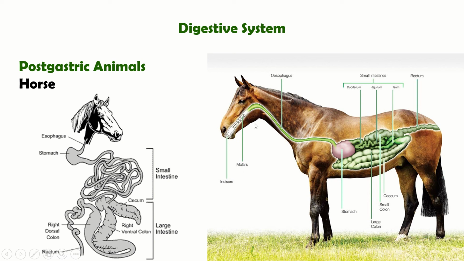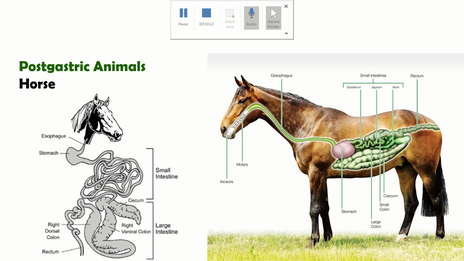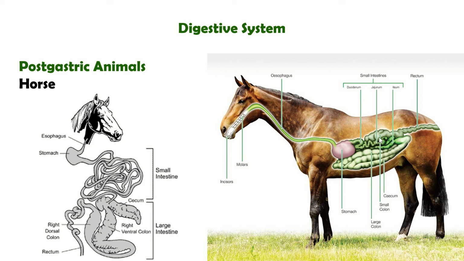So, we have the mouth, esophagus, stomach, small intestine, cecum, rectum. So, syempre, meron din siyang liver, gallbladder. Okay. So, parehas na parehas lang.